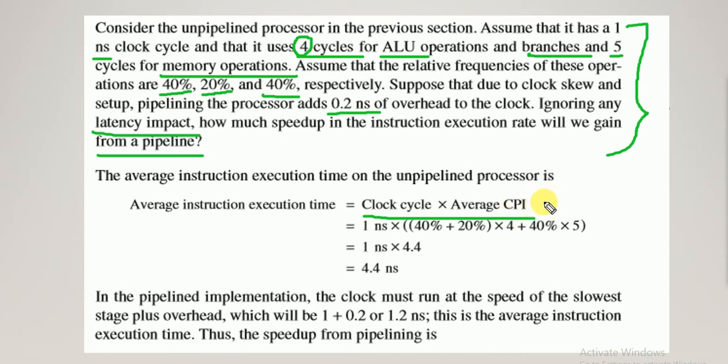Each instruction takes this many cycles, and we take the average of that times the clock cycle time, which is the 1 nanosecond given here. So it is 1 nanosecond times the average CPI: 40 plus 20 times 4. So 4 clock cycles are given for the 40% for ALU and the 20% for branch.